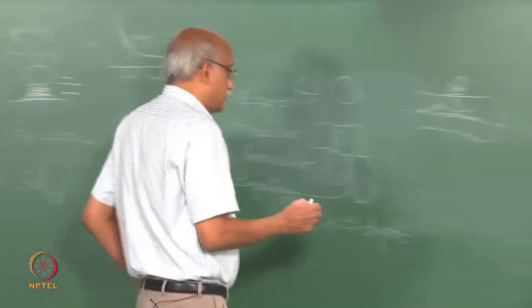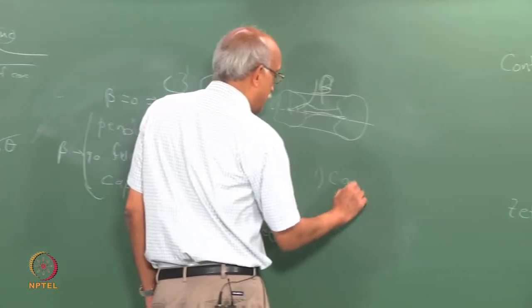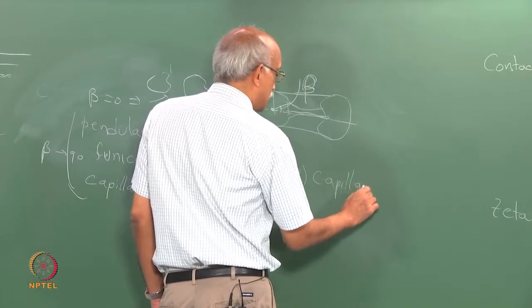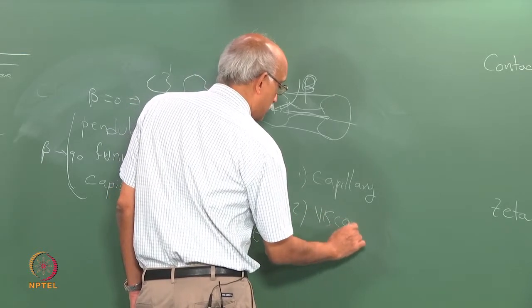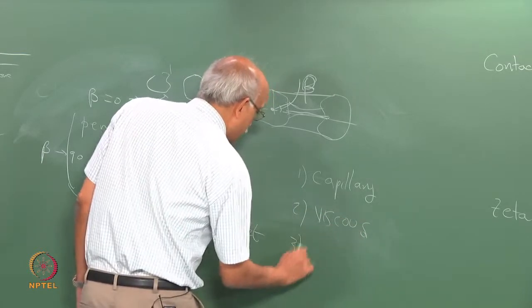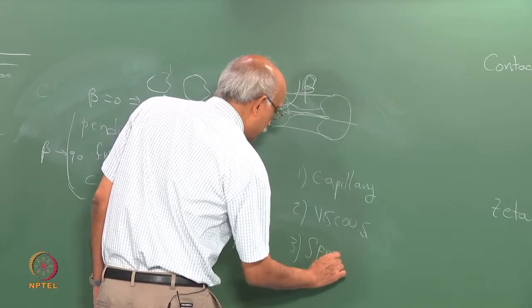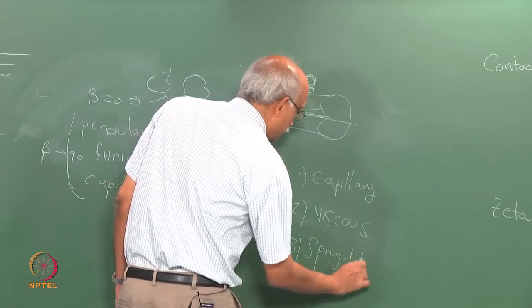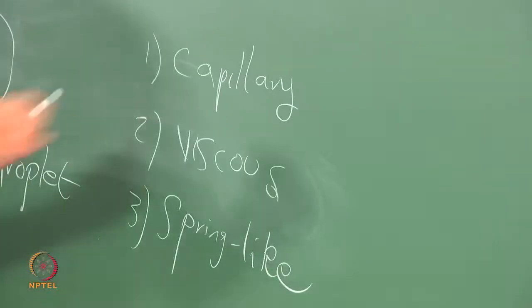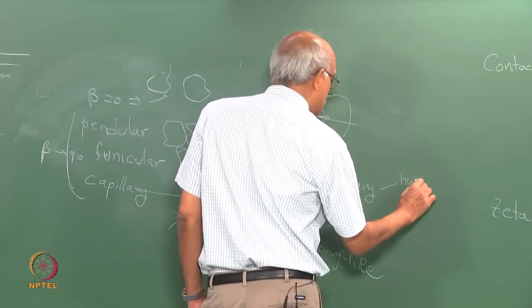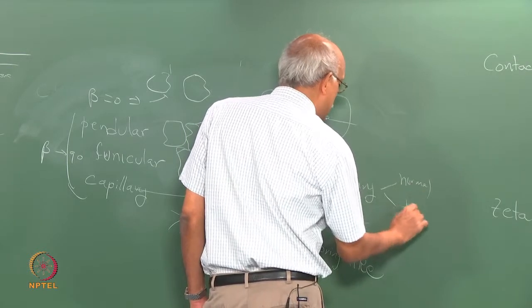There are three of them. The first is capillary forces, the second is viscous forces, the third is spring-like forces. And each of these has a normal component and a tangential component.